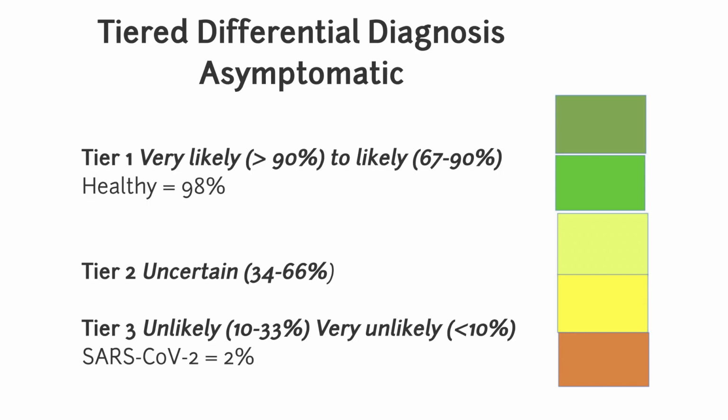Now let's apply these principles to the diagnosis of asymptomatic SARS-CoV-2 infected individuals. In most areas of the world, the prevalence of COVID-19 is 2 to 5%. Therefore, these individuals would need to be placed in Tier 3.